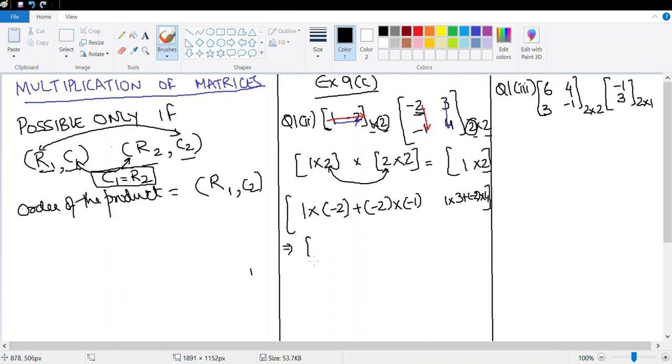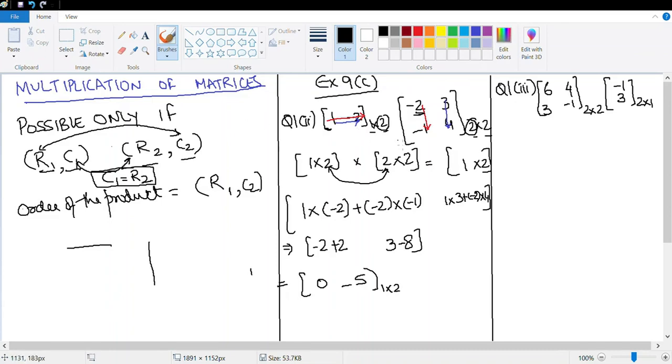So this will be negative 2 plus 2, and this term will be 3 minus 8. So this will be 0 and negative 5. The order of this matrix is 1 by 2. We keep doing it the same way again and again.